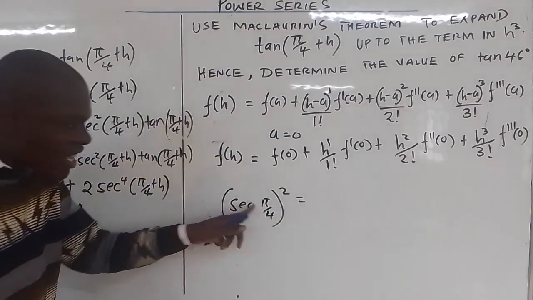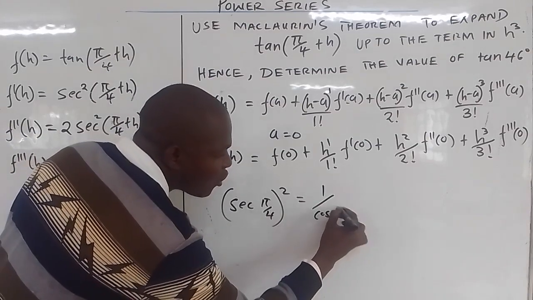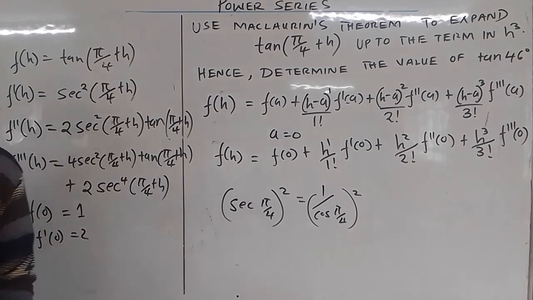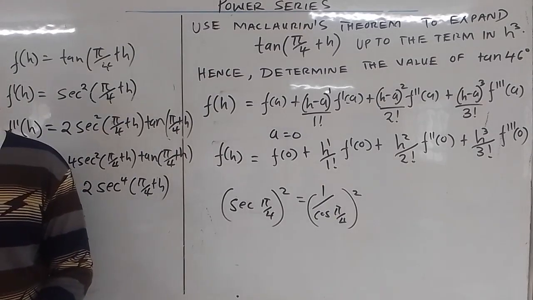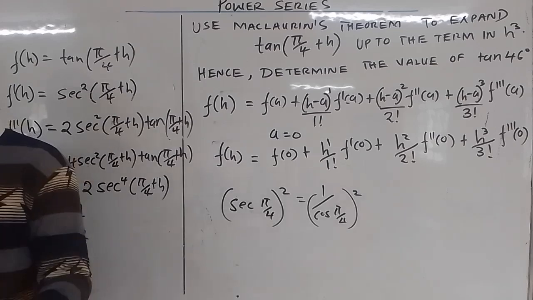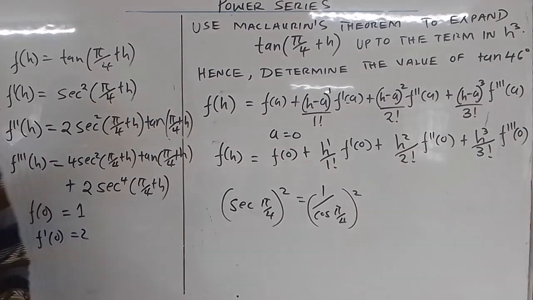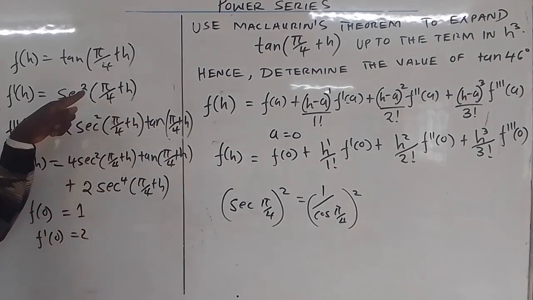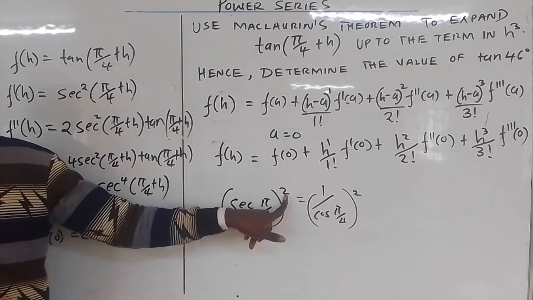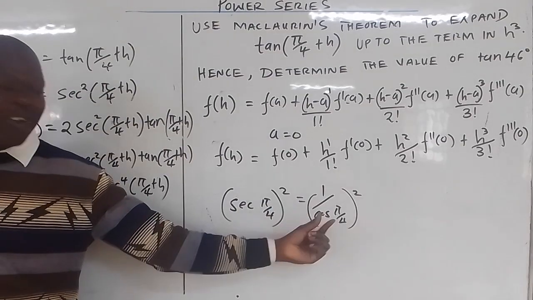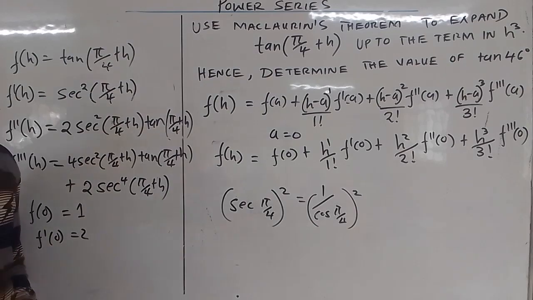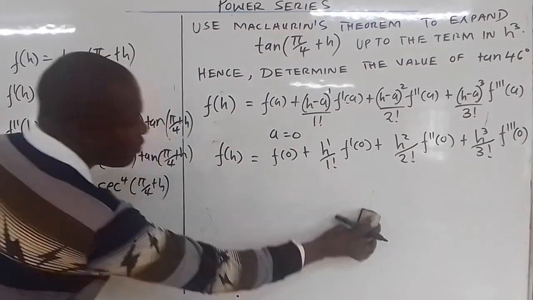But sec pi over 4 is 1 over cos pi over 4, which is root 2. Root 2 squared is 2, isn't it? That is what you found. Good. Move to the next one.